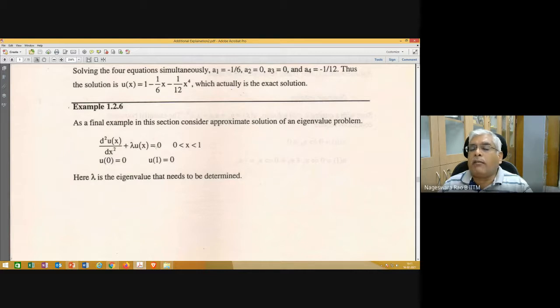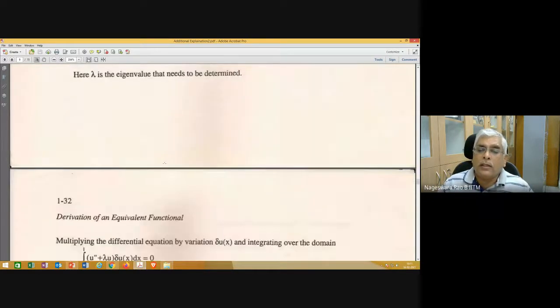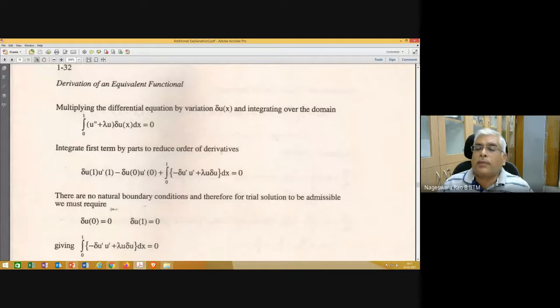This is the differential equation, and the domain over which the differential equation needs to be solved. It is also given two boundary conditions. Both of them turn out to be essential boundary conditions. So you follow a similar procedure.